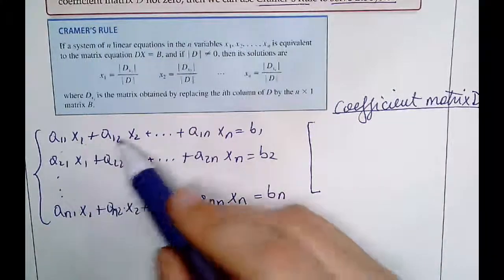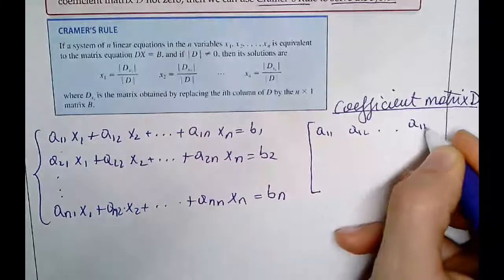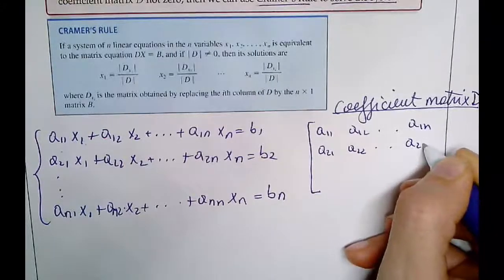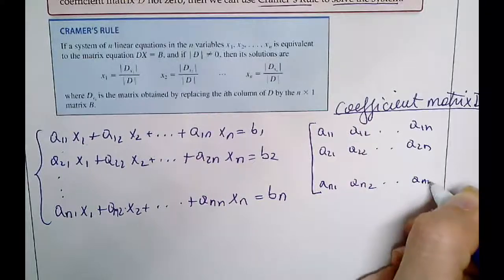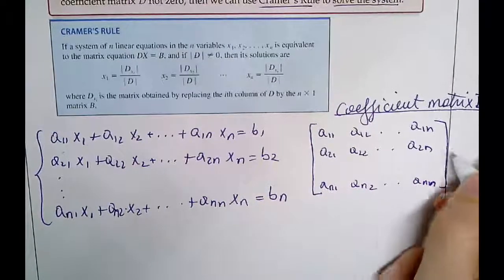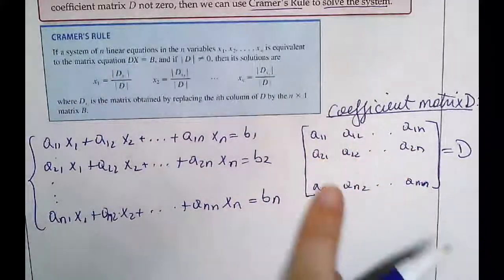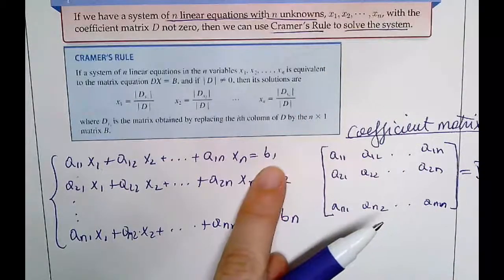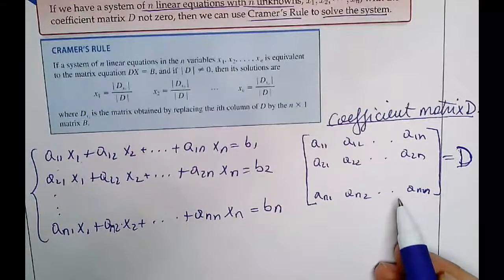You just put the coefficients in order: a11, a12, a1n, a21, a22, a2n, and then the last row an1, an2, ann. So this is the coefficient matrix D. If the determinant of D is not 0, then we can use Cramer's rule to solve the system. Also, this matrix has to be invertible, so the determinant cannot be equal to 0.